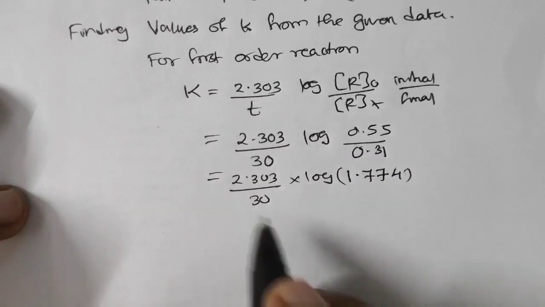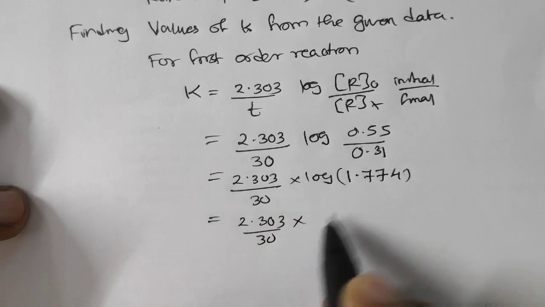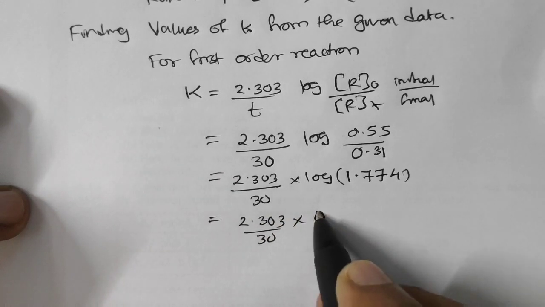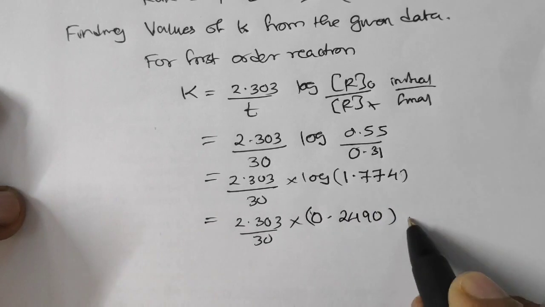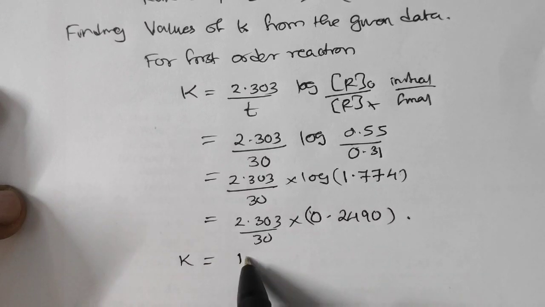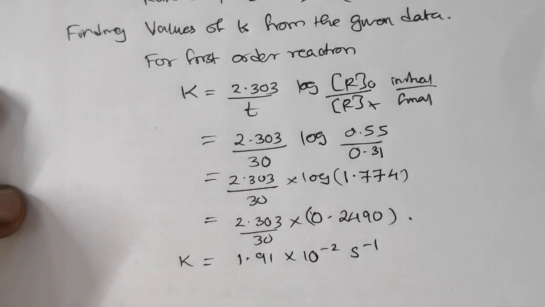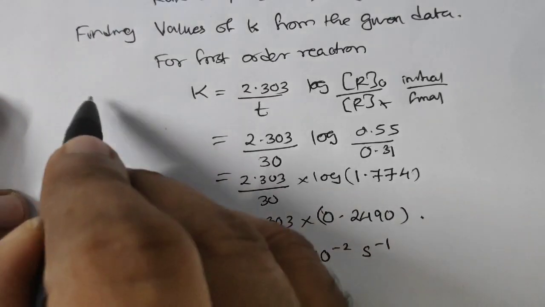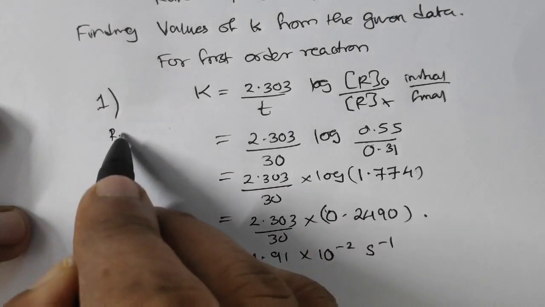Further you get log as 0.2490. Simplify this and K will be equal to 1.91 into 10 raised to minus 2 second inverse.